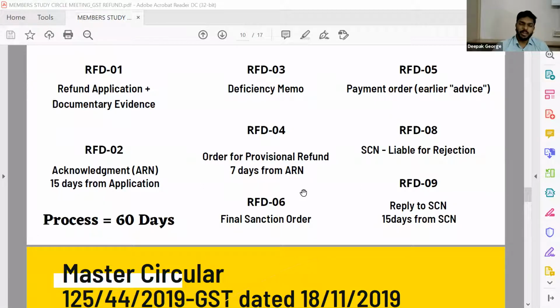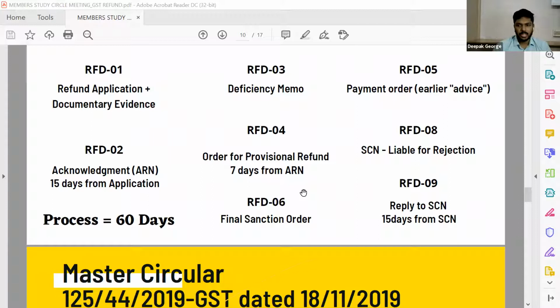There is no concept of advice wherein they will then instruct the state officer to check the SSC in the jurisdiction and then release the payment. No. To avoid harassment of SSCs, the government has in fact brought a circular, which I will discuss, circular number 125/44, which instructs the officers that there's no need to pass a payment advice, pass a payment order and get done with it.